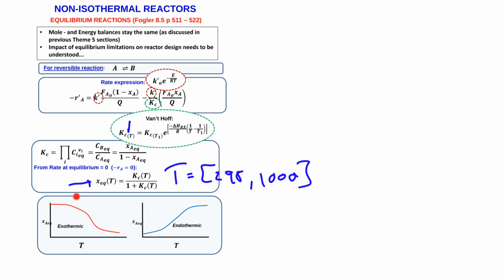For an exothermic reaction, as I increase the temperature, I will see a lower equilibrium conversion given my inlet conditions, and for a colder temperature, a higher equilibrium conversion. Of course, the opposite is true for an endothermic reaction: higher temperatures, higher conversions.